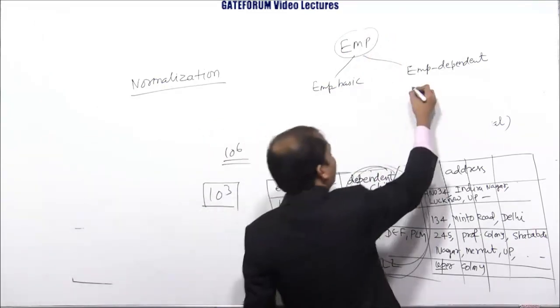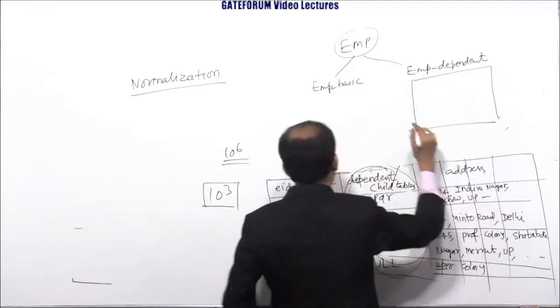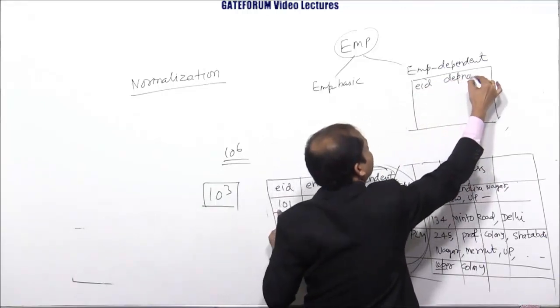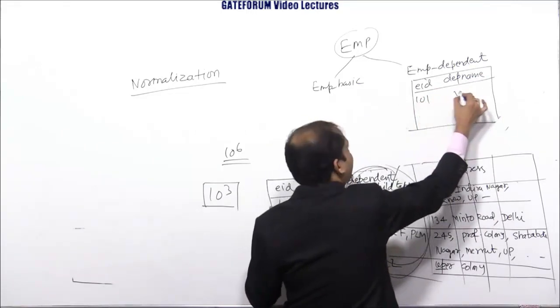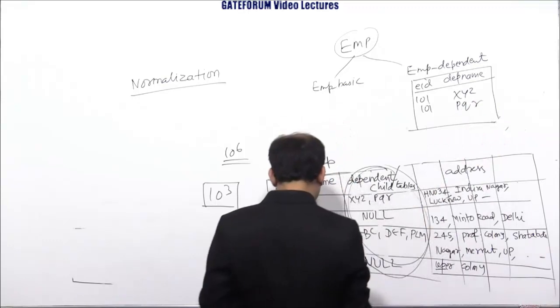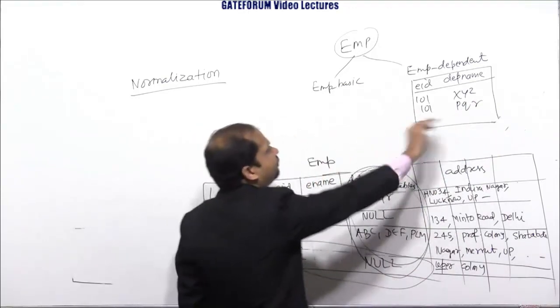In employee dependent, only the data of those who have dependents will be there. So employee ID and dependent name. That's it. Suppose 101 has 2 dependents, XYZ and PQR, and 104 has no dependent, so his or her entry will not be there.